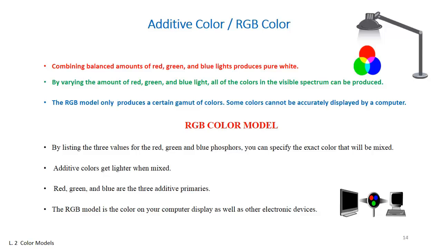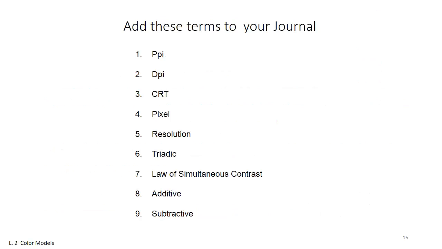In contrast, SVGA systems display 800 by 600, or 480,000 pixels. True color systems use 24 bits per pixel, allowing them to display more than 16 million different colors.